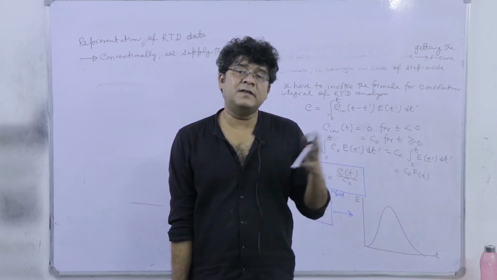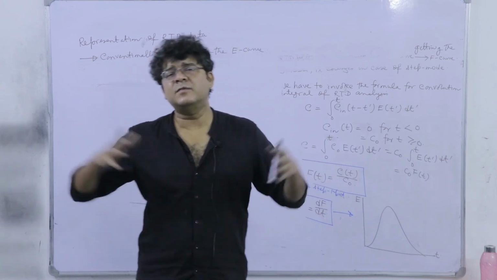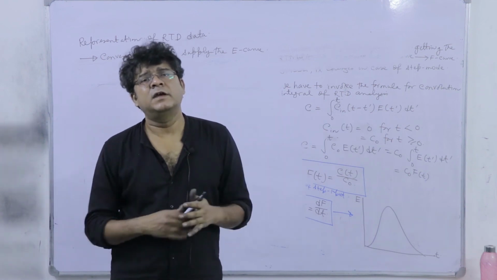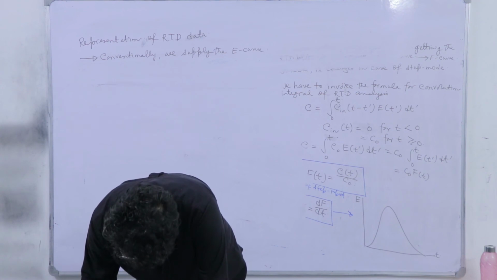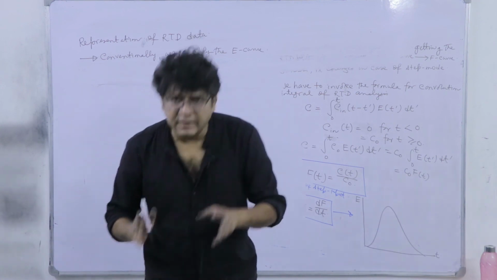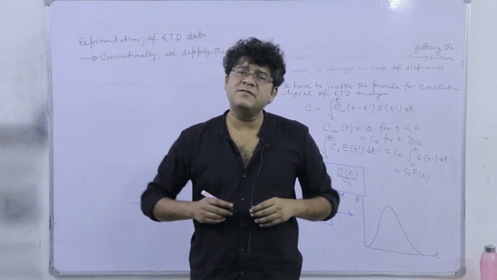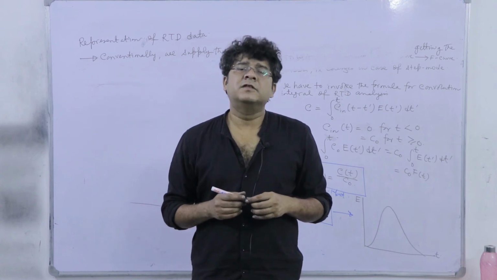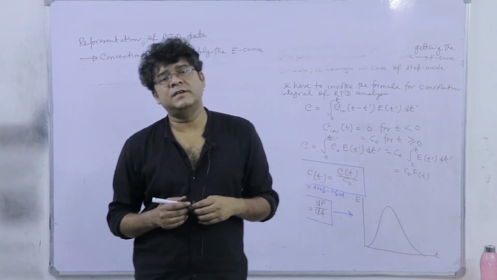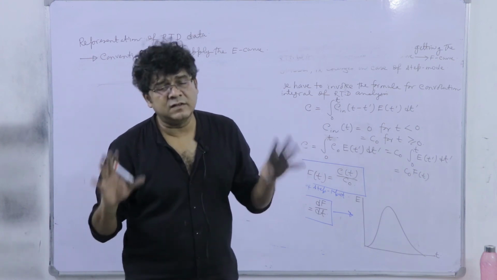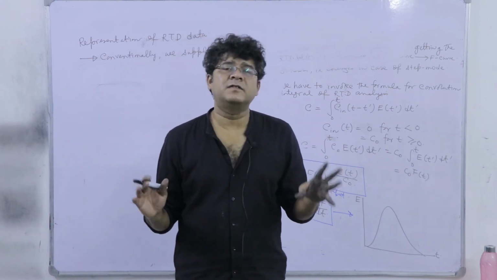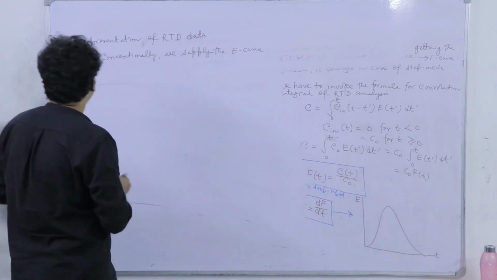But investigating a large amount of RTD data for different types of reactors, it was proposed that if I supply the mean residence time, the variance or the standard deviation, and in addition the skewness, the information of these three parameters is equivalent to this E curve.